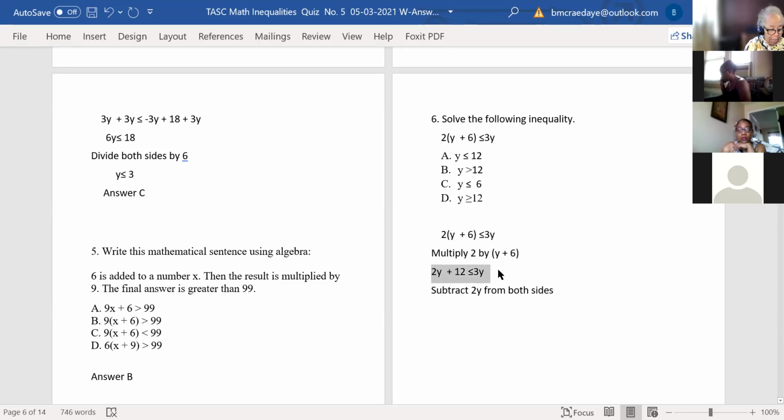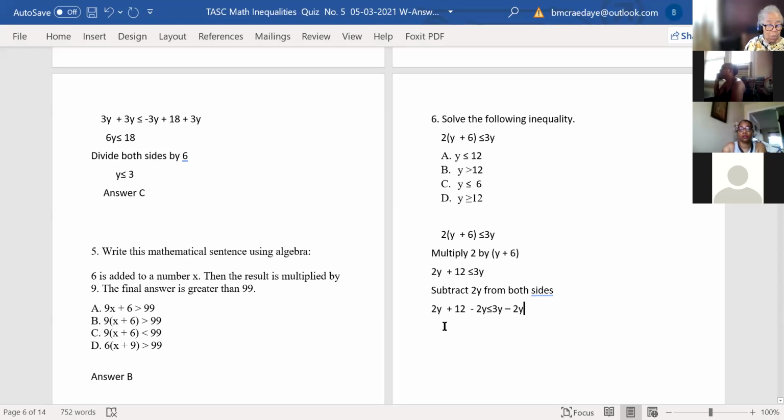So let's copy our inequality and then do that subtraction. You can't start doing your division until you get the terms together, Maureen. You're kind of jumping a step. So subtract 2y from both sides. So this will be minus 2y, and on the right side, minus 2y.